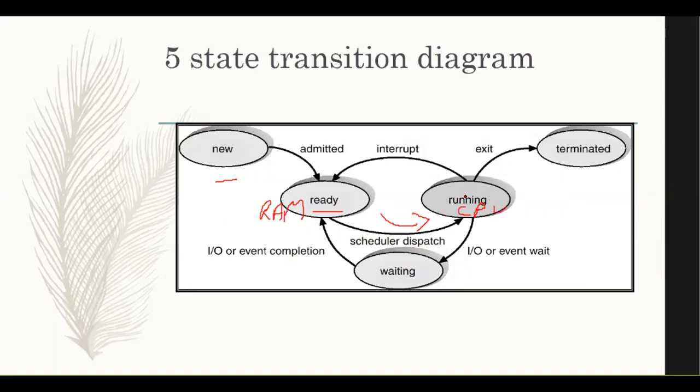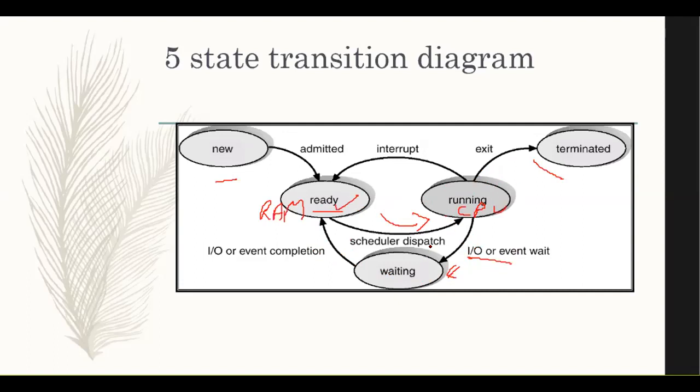Then after running, there is a possibility that process will get terminated, or due to certain IO event, it will move to the waiting state. Now from waiting state, after IO completion, it will again move to the ready state for further movement into the running one.